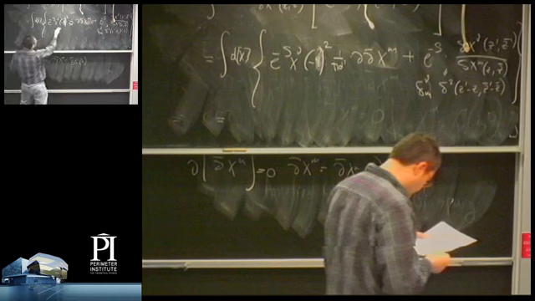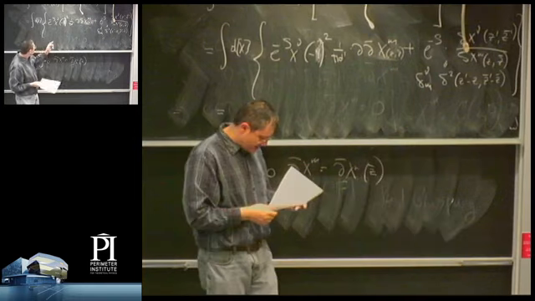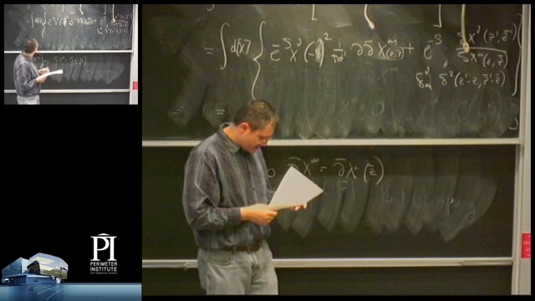Okay, so now notice that all of these guys come with e to the minus s. So the first thing is an expectation value of the Fourier type.